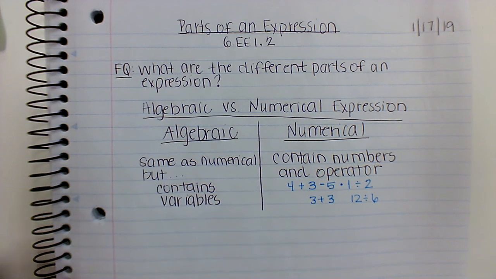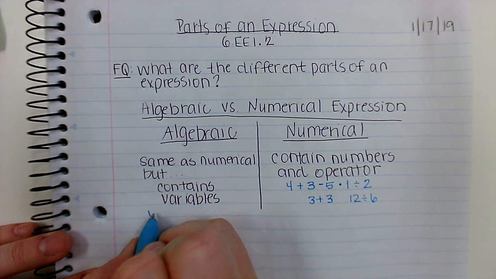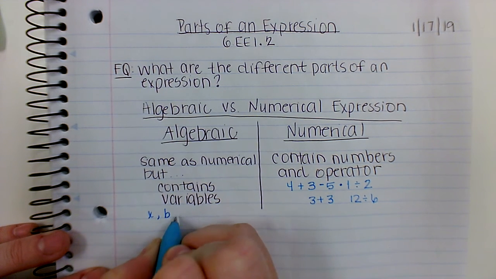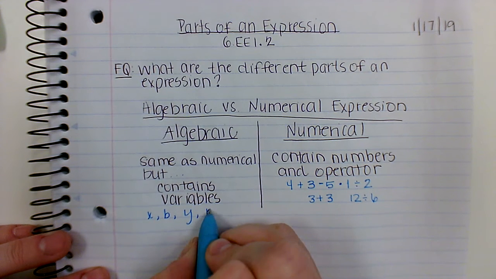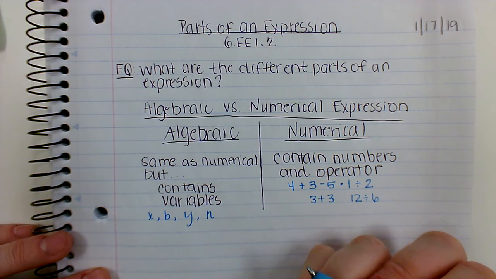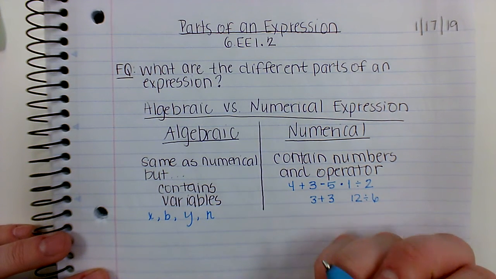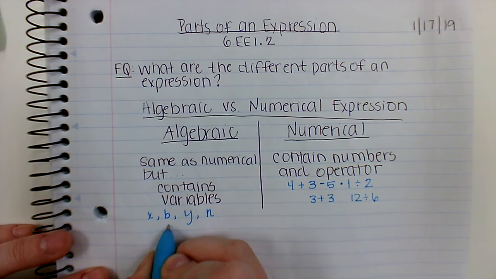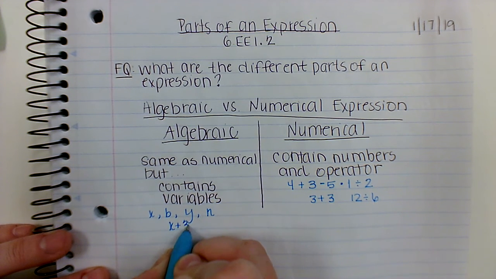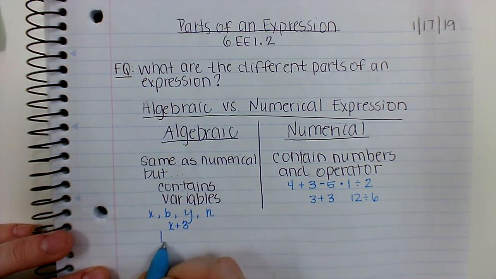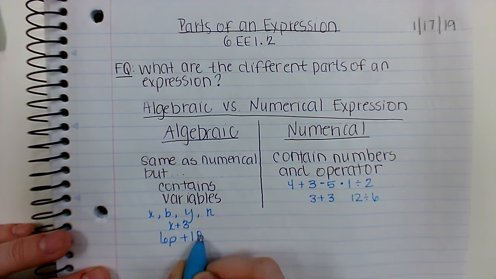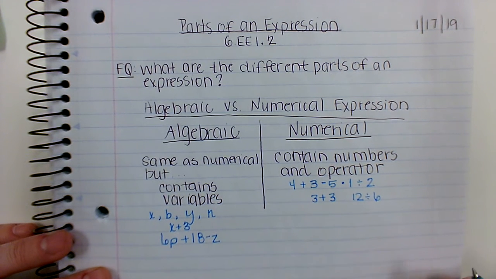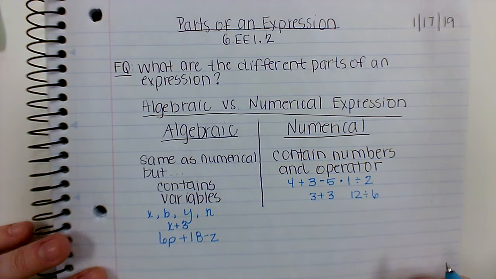You know that variables are a letter, such as X, B, Y, N, that stands for another number. So, an algebraic expression would be something like X plus 3, or 6P plus 18 minus Z. Something similar to that.